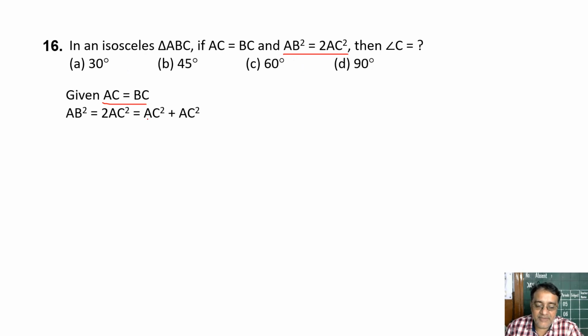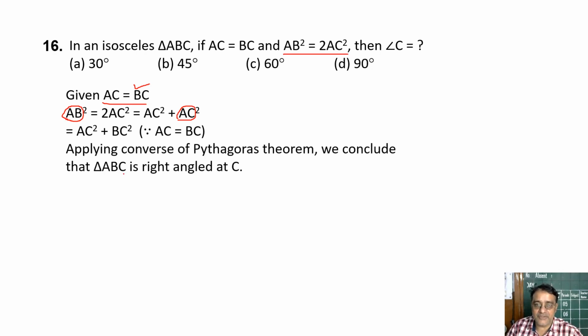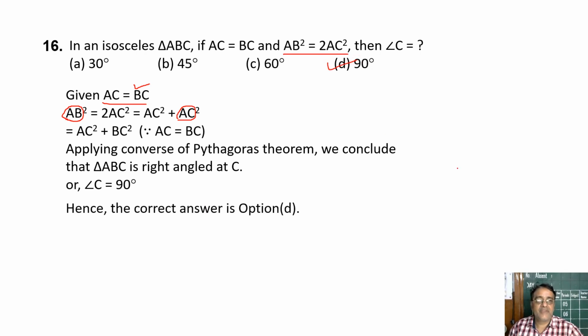Now one AC I am replacing with BC. So we get AB square is equal to AC square plus BC square. So by converse of Pythagoras theorem, the angle opposite to the longer side, that is, opposite to AB, which angle will it be? Angle C. So angle C is equal to 90 degree. So which option is the correct one? Option D. Option D, right.